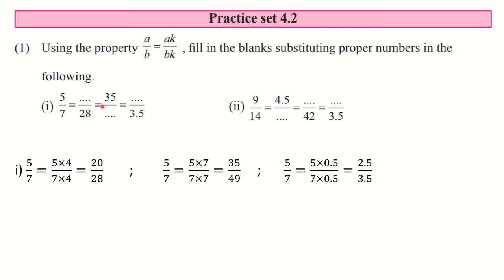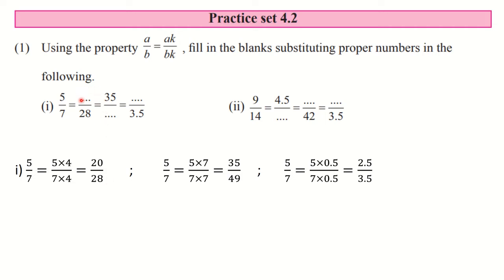So this 28 we have to express by using the number 7. So 28 we can write as 7 into 4. That means here we are multiplying 7 by 4, so we have to multiply 5 also by 4, because in this property AK upon BK, we have to multiply by the same number. So we got 20 upon 28.